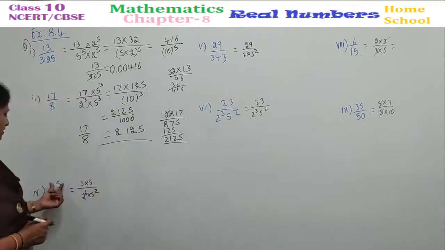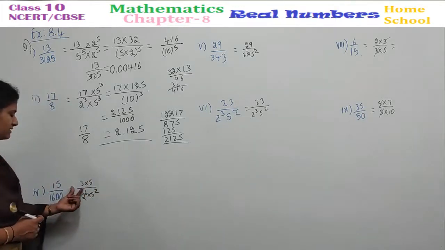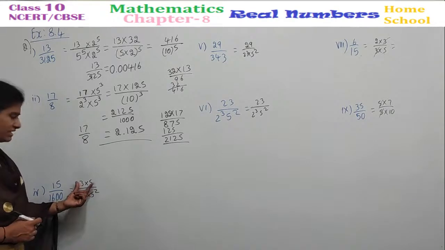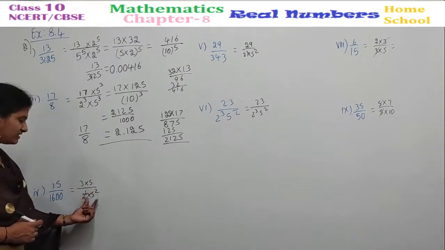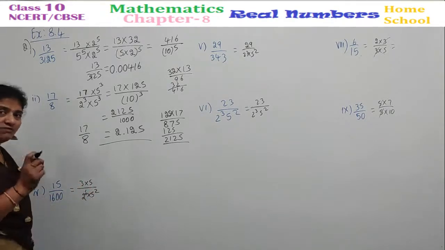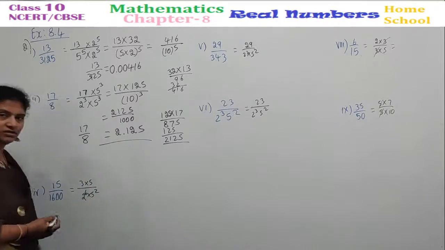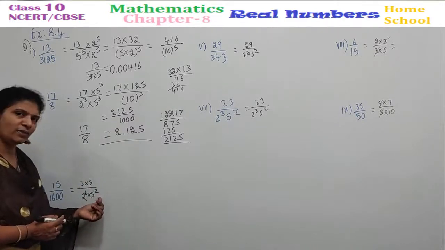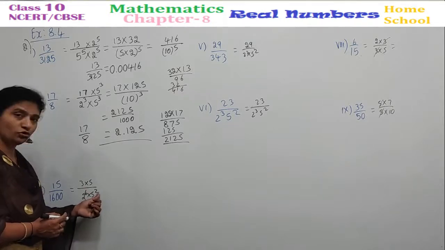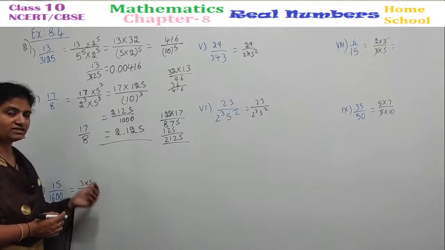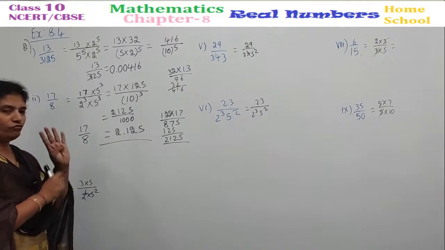See the next one. 15 by 1600 is equal to, I can split this as 3 into 5 by 2 power 6 into 5 square. Now you need to think more. 2 power 6, observe here children. Beside I need 5 power 6. Already 2 there. Still how many needed in 6 if you subtract 2? 4 you need.